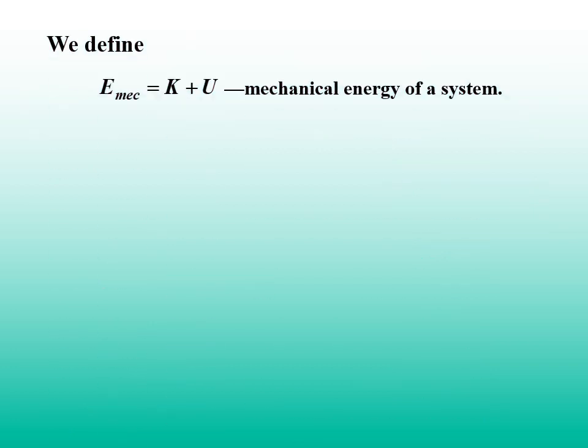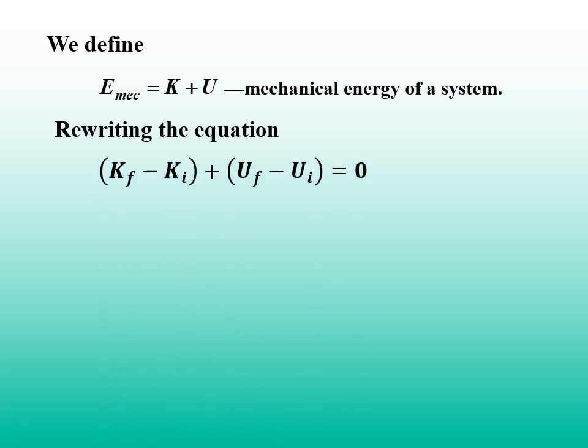We define the quantity E equals K plus U, the total mechanical energy of a system. We write the equation delta K plus delta U equals 0.